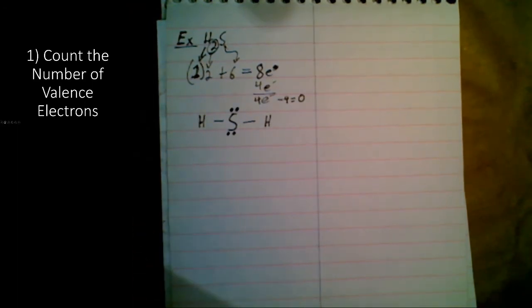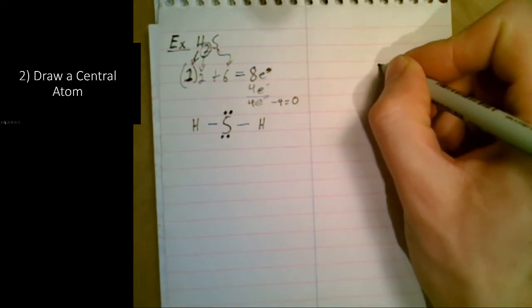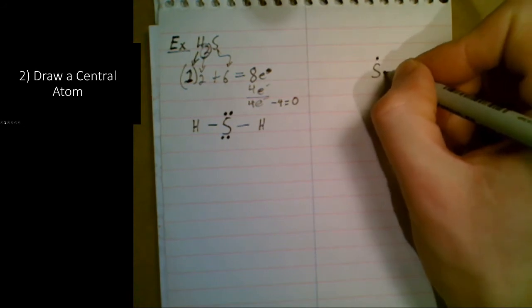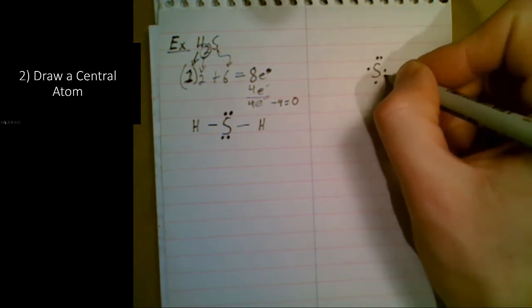You then continue in the same way, draw the central atom. But this time, when I draw the central atom, what I would do is actually draw it as a Lewis dot diagram.